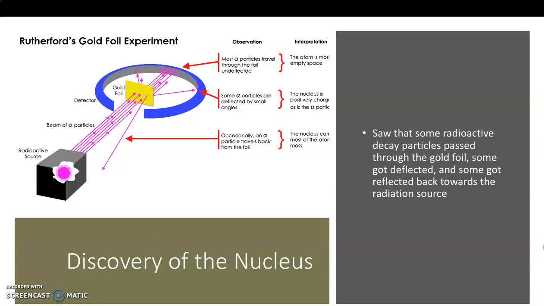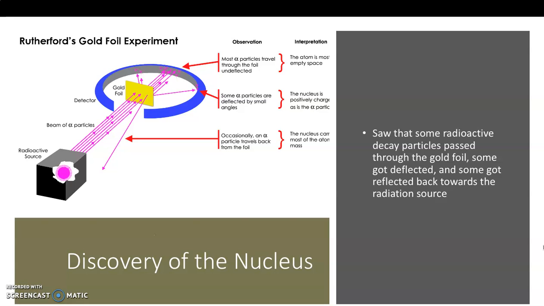And these particles would be shot towards this gold foil, and a bunch of them passed straight through, and were shown on the opposite side of the detector from the radioactive material. And so that proved that atoms were composed mostly of empty space, and that there was a lot of space for particles to pass through.